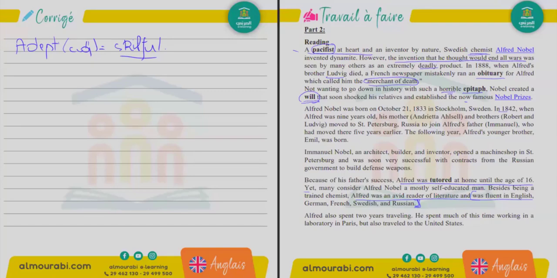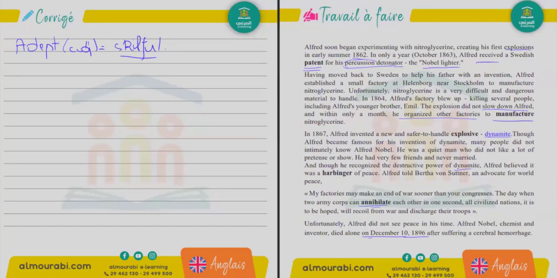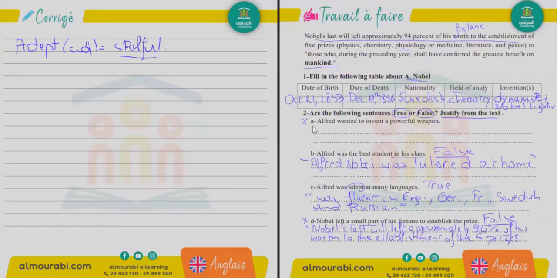I would quote the text and say, Alfred was a pacifist at heart, a man of peace, just like Nelson Mandela. He was a pacifist at heart.